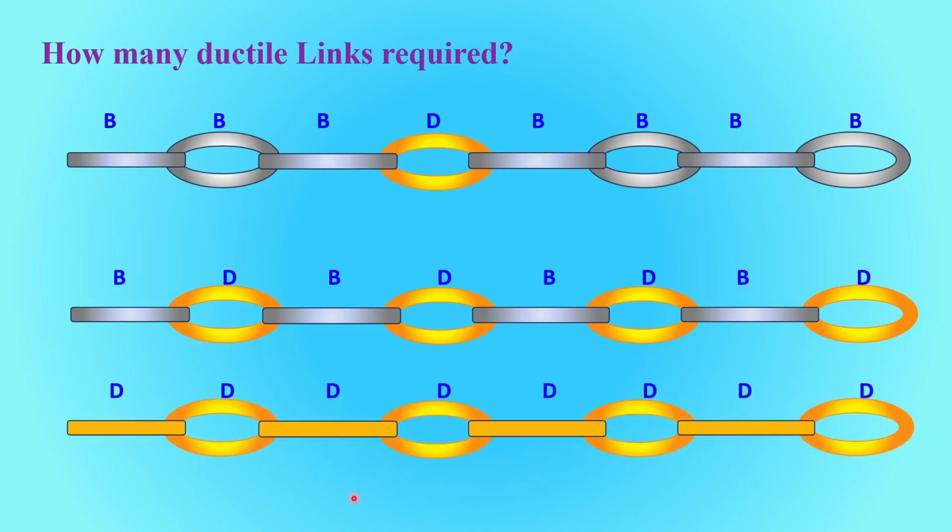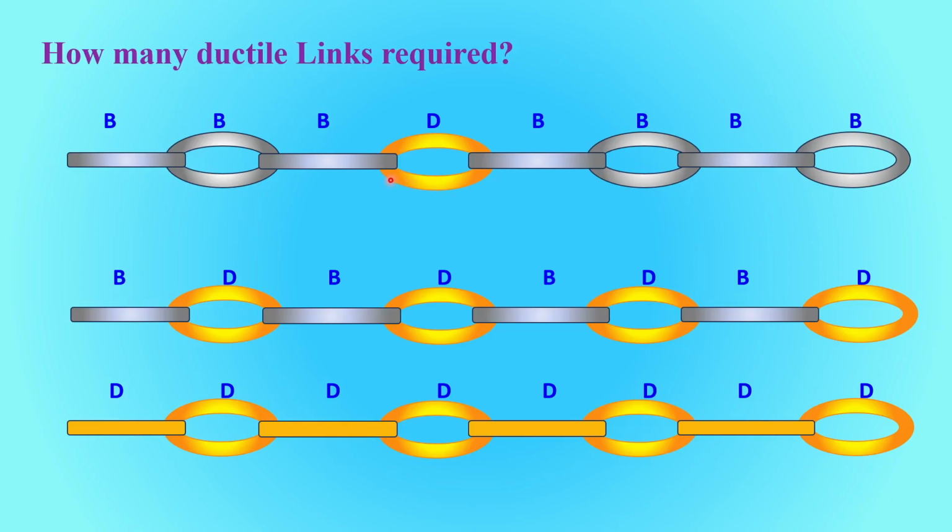Or you can have all the links ductile. So obviously in the last case, third case, all the gold links, they are all costly. And even when it is RCC, to make the system ductile, you need additional reinforcement to be provided, which makes it costly. So the third option will be very costly, the second option is also costlier. The first option is least costly, but whether it is viable.